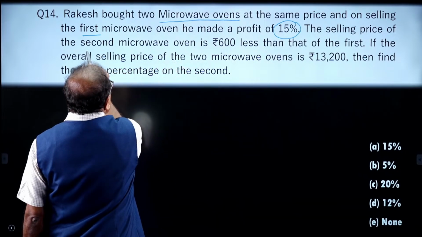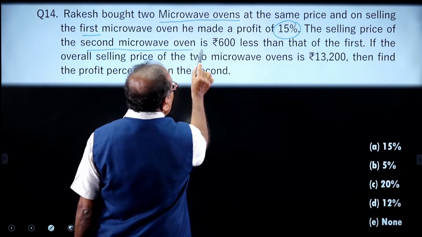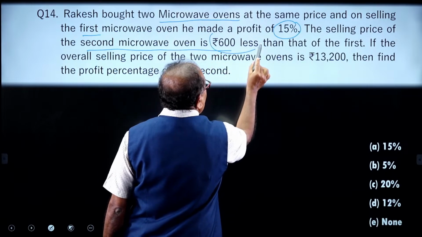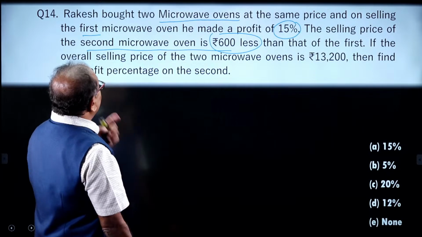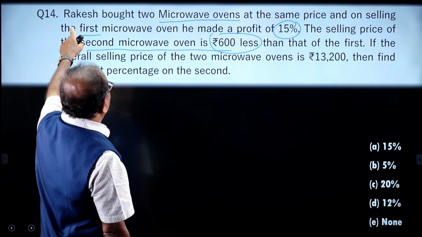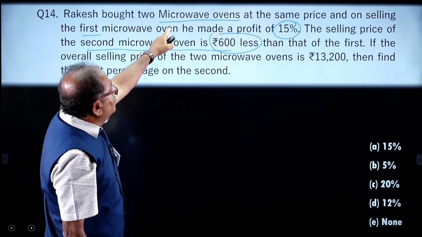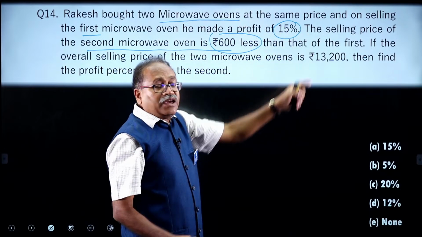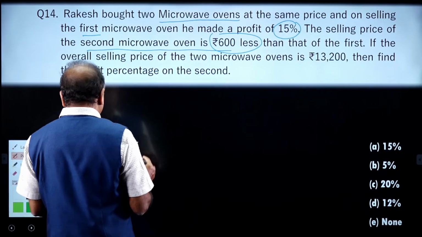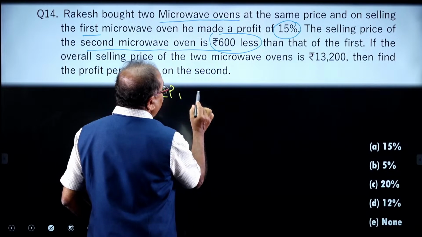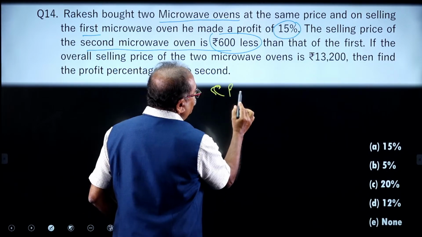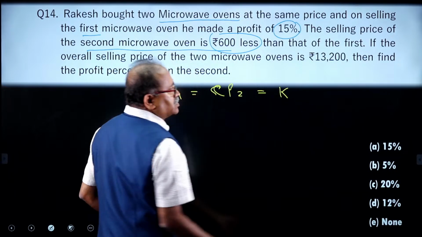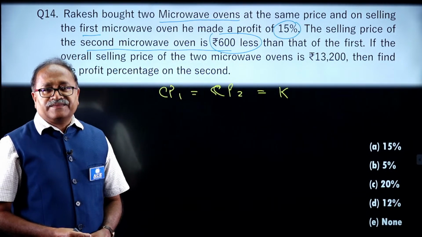The selling price of the second oven is 600 rupees less than the first oven. What is important over here? Rakesh bought 2 ovens at the same price. That means cost price 1 is equal to cost price 2, which is equal to, let's assume, K.